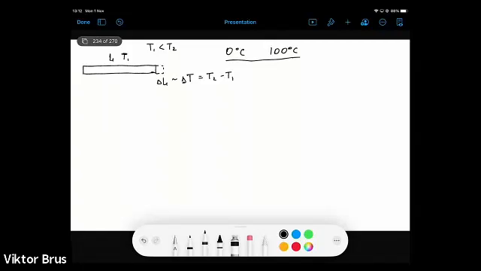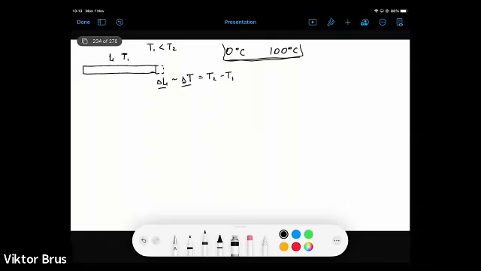The main inconvenience originates from the very weak dependence of delta L on delta T. For a small change of temperature, let's say from 0 to 100 degrees Celsius, the change of length of this metal or any other material rod will be very, very small.